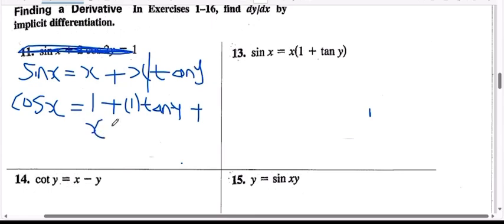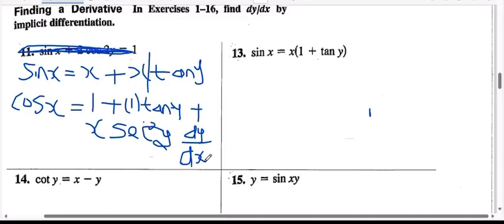Don't forget, the derivative of tan y is sec squared y dy/dx.